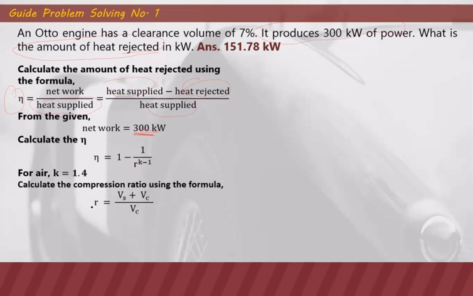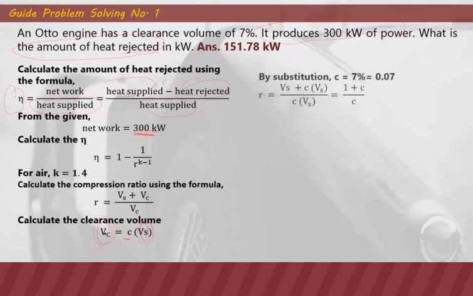The compression ratio can be solved using the formula: the swept volume plus the clearance volume, divided by the clearance volume. The clearance volume can be written as a percentage of the swept volume, that is, c times the swept volume. A certain percentage of the swept volume is our clearance volume.